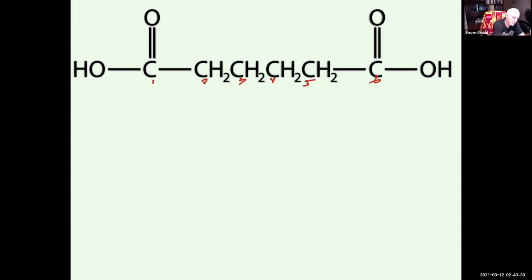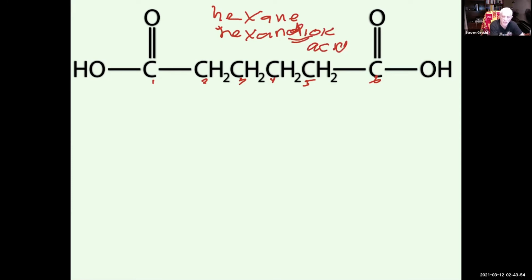6 carbons is hexane. So instead of hexane, we drop the E, and then we put in dioic acid because now we have 2. If there are 2 carboxylic acid groups, we have dioic acid. So hexane dioic acid.